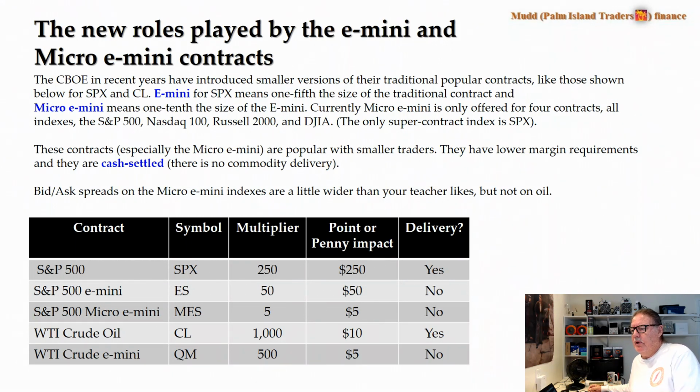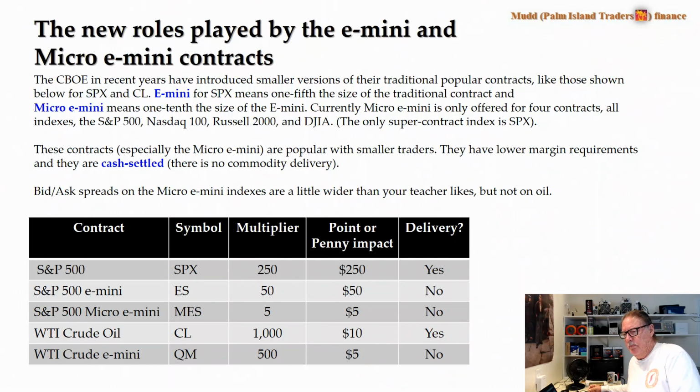Now, when I say point or penny impact, you always should know what change in your cash will be affected by a 1 point or 1 penny move in the contract in question. In the case of an index, it's the point difference.